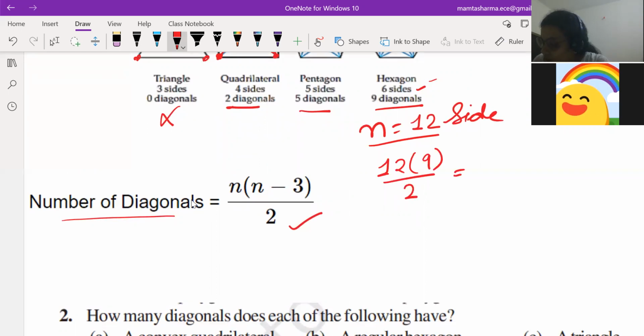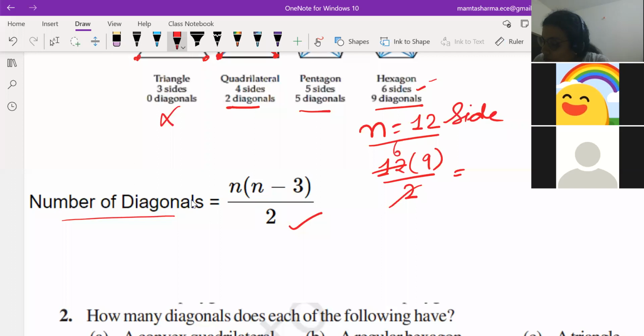First you can cut 12 by 2, then 6 nines are 54. So the answer is 54.